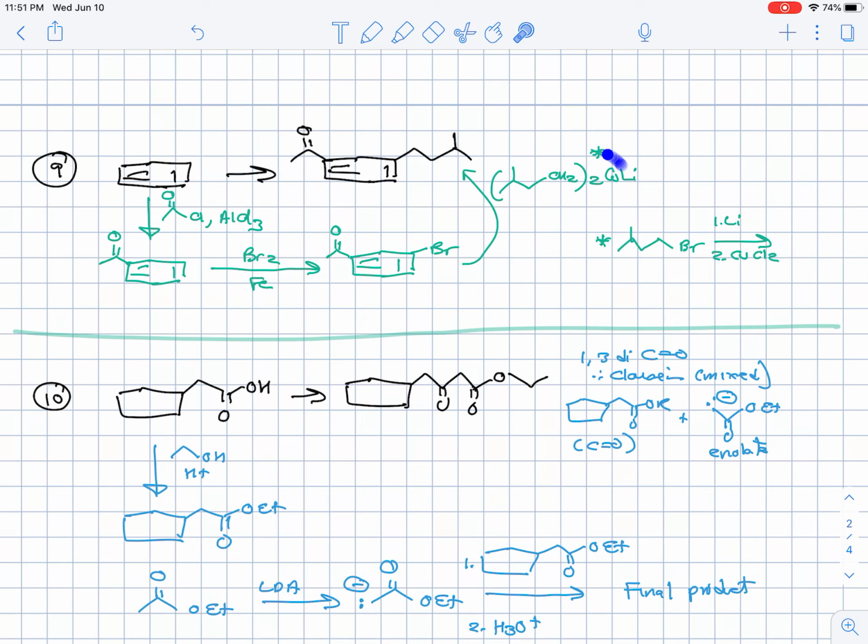But it's perfectly legitimate to use a cuprate on a compound that has a carbonyl, because they're going to do this coupling reaction. The cuprate is not going to react with that ketone. So I acylated, then I brominated, so I had a leaving group, and then this is the electrophilic piece, and I reacted with that nucleophilic piece, and it's done.